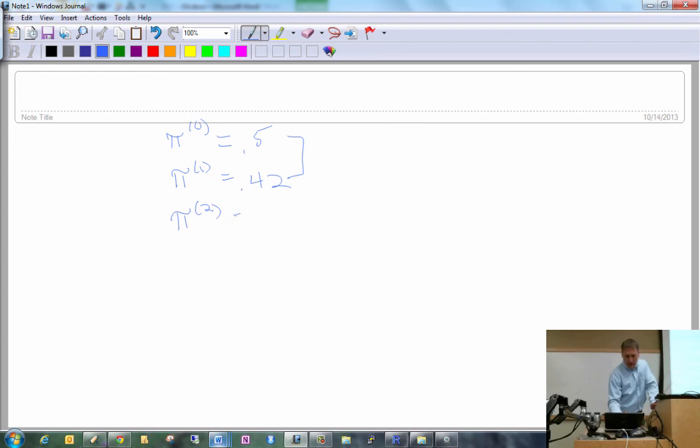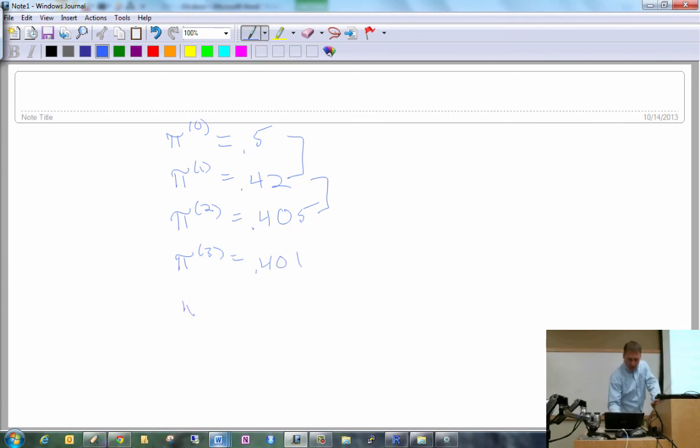Let's say at step 2, I'm at maybe 0.405. And you look, the previous 2 iterations, are they close to one another? If they are, stop. If not, keep on going. I'm going to keep on going here.